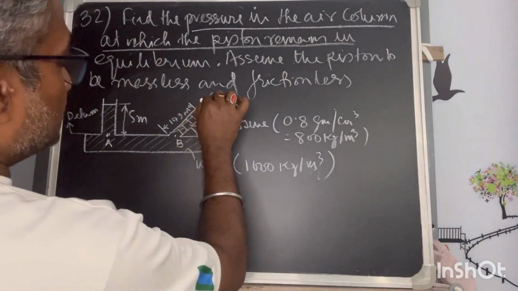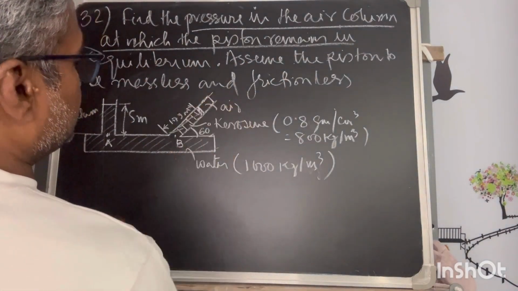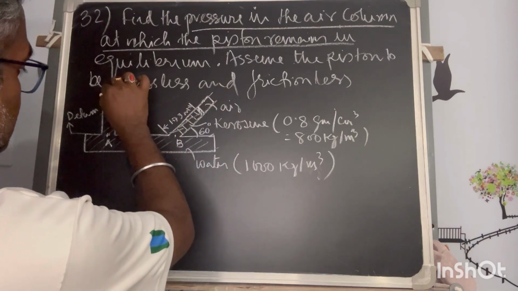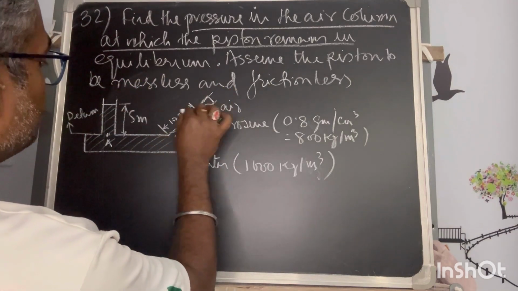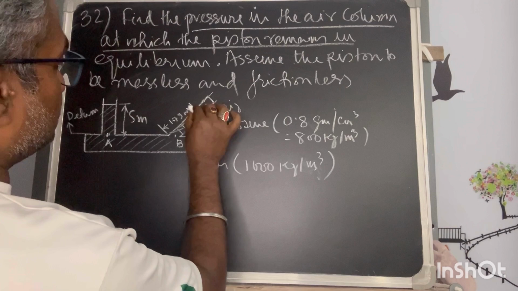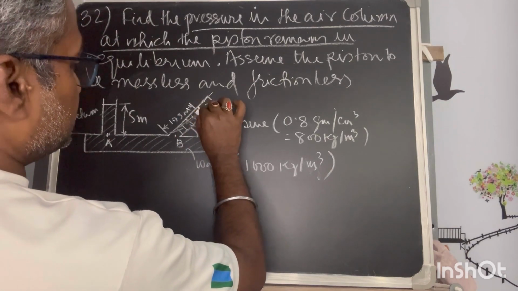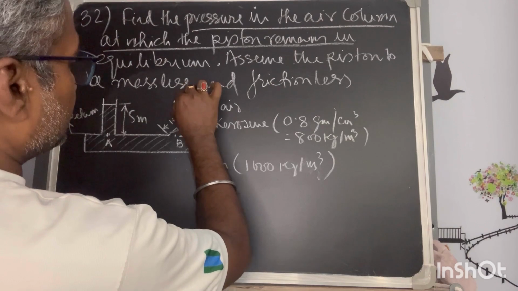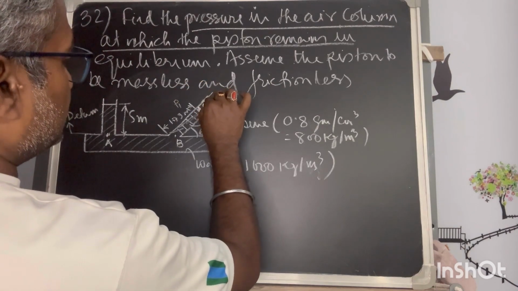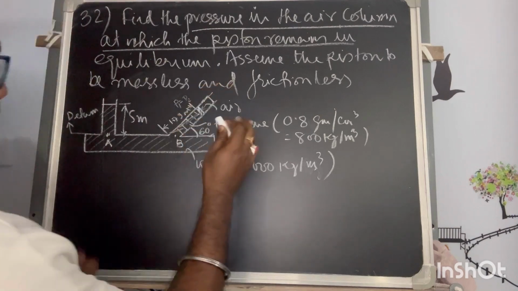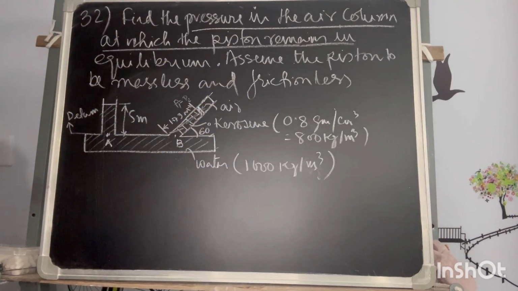That means you have to find the pressure inside this, so that the pressure created through this water column and this kerosene column, let's say this is P1 from this side, and the air pressure P2 from that side must be equal, so that this piston will not move anywhere.